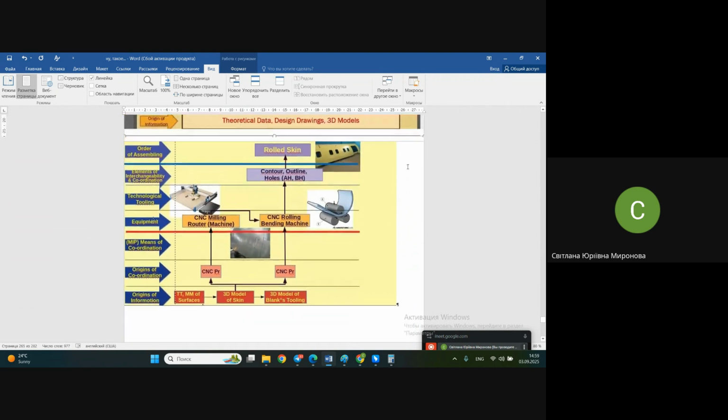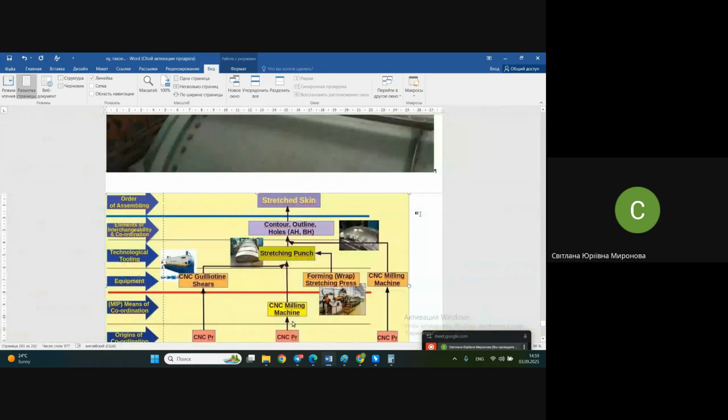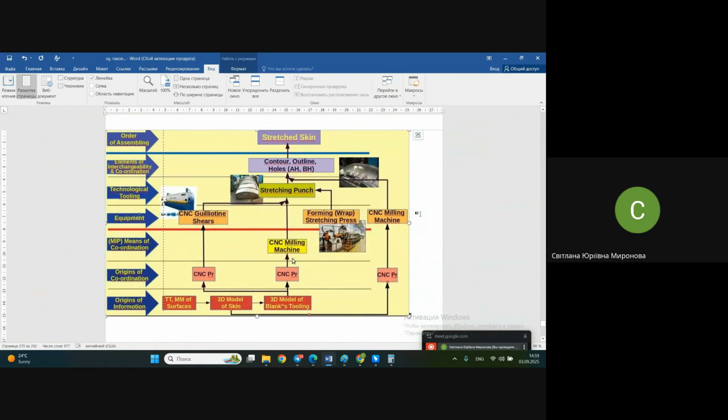For my students they look beautiful, colorful, with photos of equipment or parts, but really they look like block schemes, like block diagrams of computer algorithms.